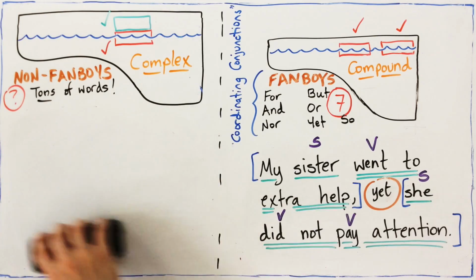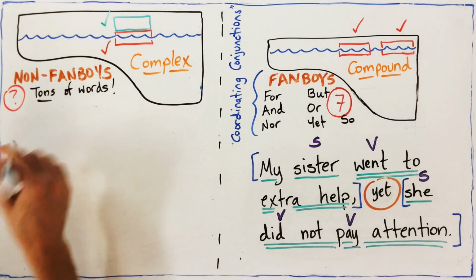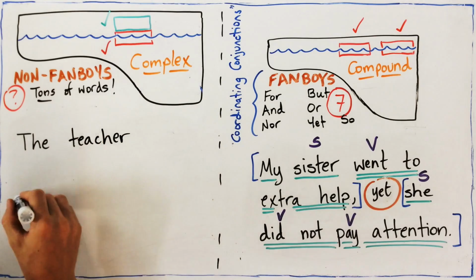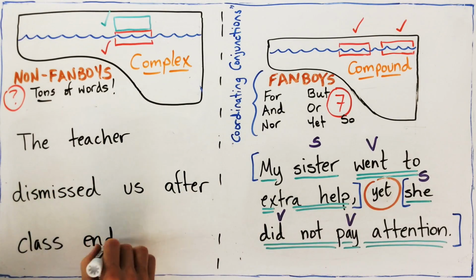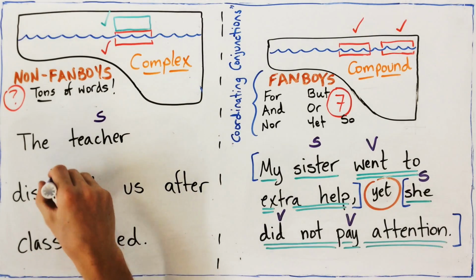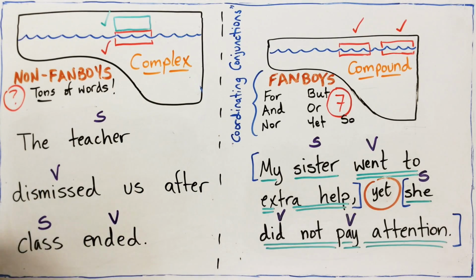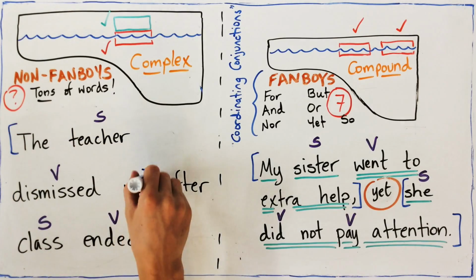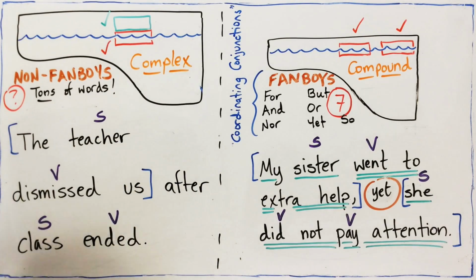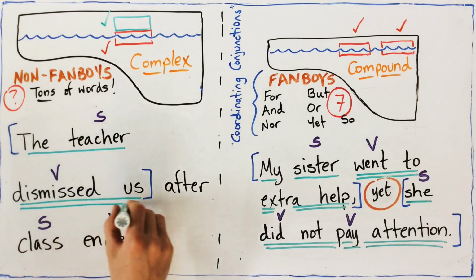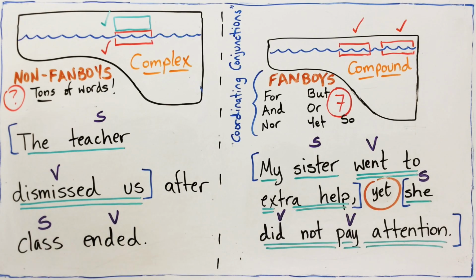Let's look at another complex sentence to reinforce what we've learned, because it can be tricky. First, see if you can spot the non-fanboys word trying to be a fanboys, trying to connect two clauses. Do you see it? The non-fanboys is after. So if we look before after, we have a clause. The teacher dismissed us. That's an independent clause because it could be a sentence all by itself. It floats.